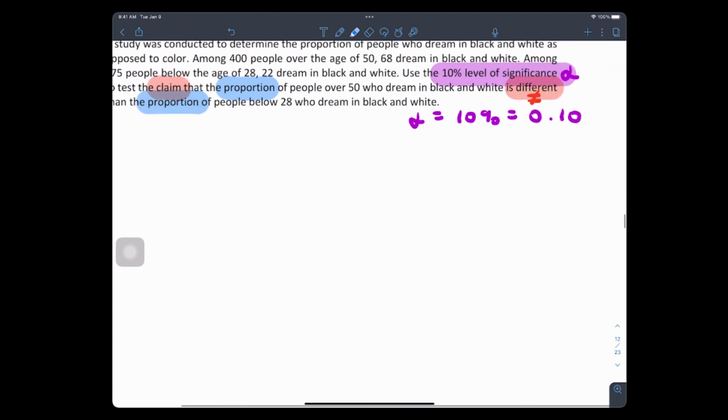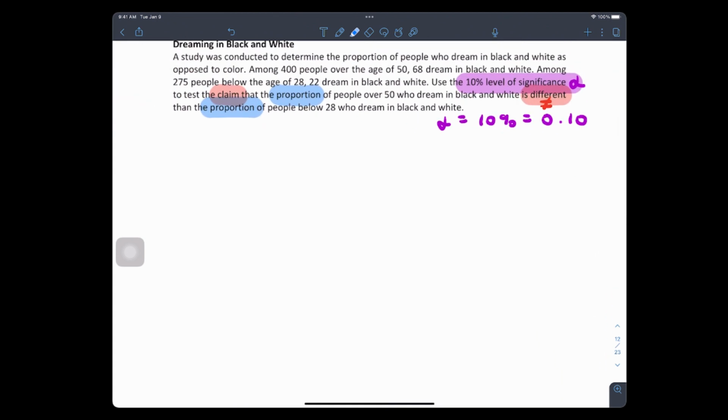What does different mean? Not equal. All right. Okay. What do I know? What does this mean? P1 is not the same as P2, and that is the claim.